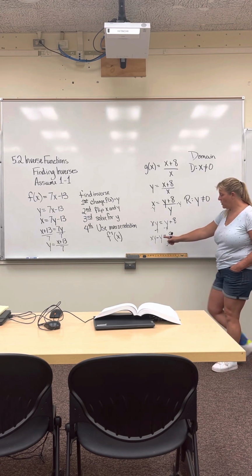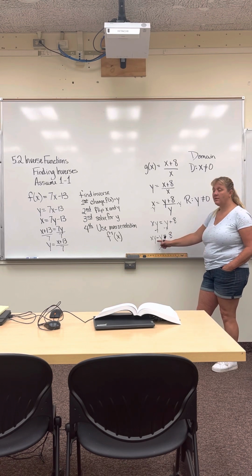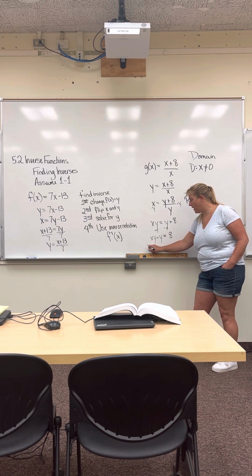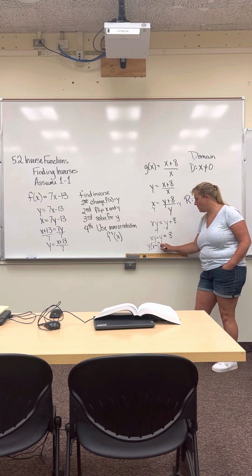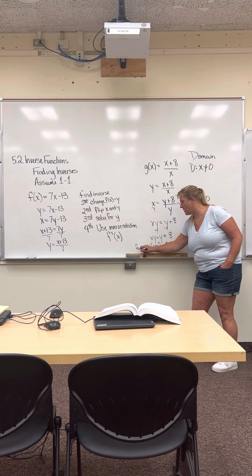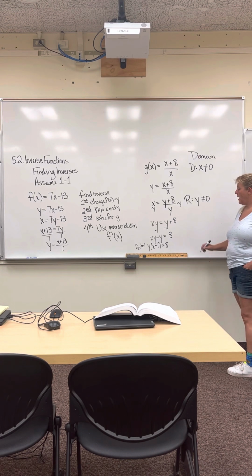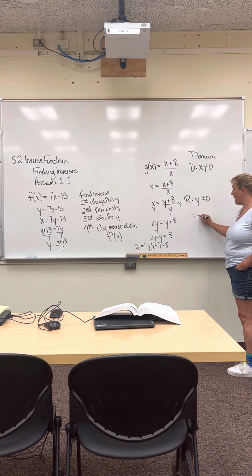And now when you have two y's like this in each term, the only way out here is to factor. So we're going to factor y out to the front, and we'll be left with x minus 1. Okay, so that's your little key there, is that you're going to factor. And then if we divide by the x minus 1, we end up with y equals 8 over x minus 1.